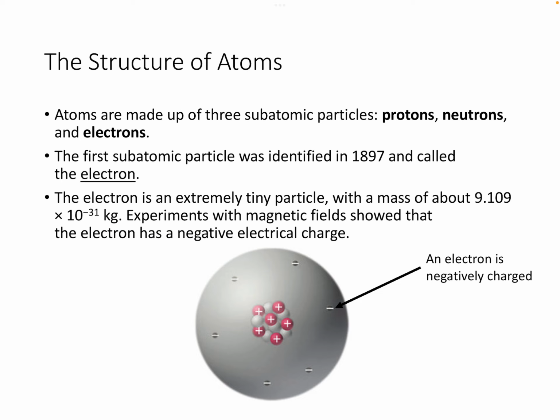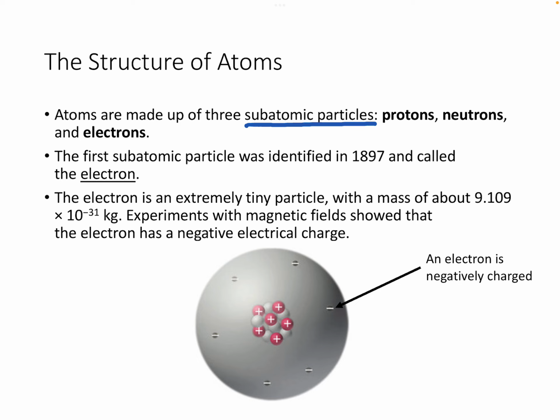All right, so now that we've talked about the atom, let's dive deeper into the atom. Now, atoms are made up of 3 subatomic particles, so particles that are even smaller than the atom. And these are called protons, neutrons, and electrons.